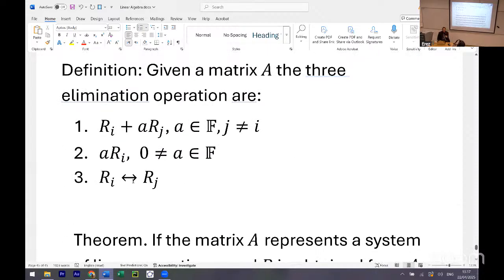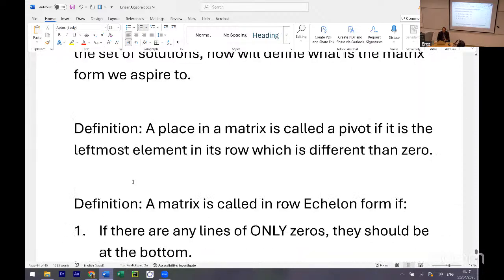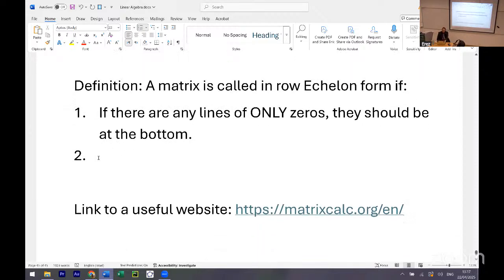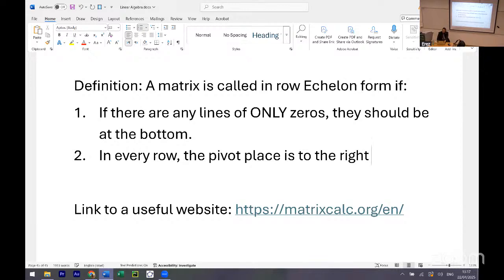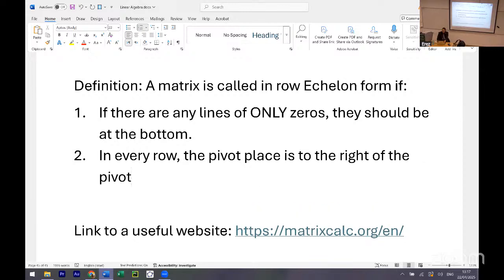So it's really easy to move zero rows to the bottom. And the second condition, which is the important one: in every row, the pivot place is to the right of the pivot places in the rows above.